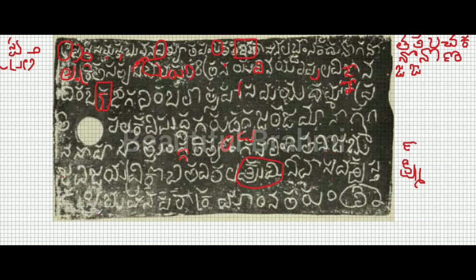Then we have a sa over here and a ta over here and an e over here. So sti. Then we have a ba. If I just highlight it for the benefit of everyone, ba, and we have an u over here. Then a va, bu, va, na.